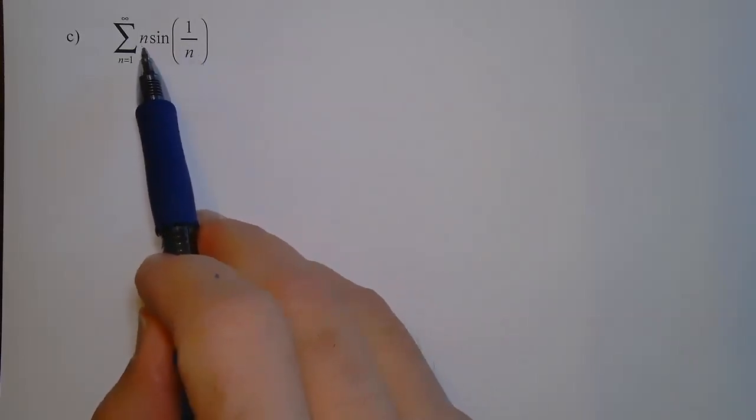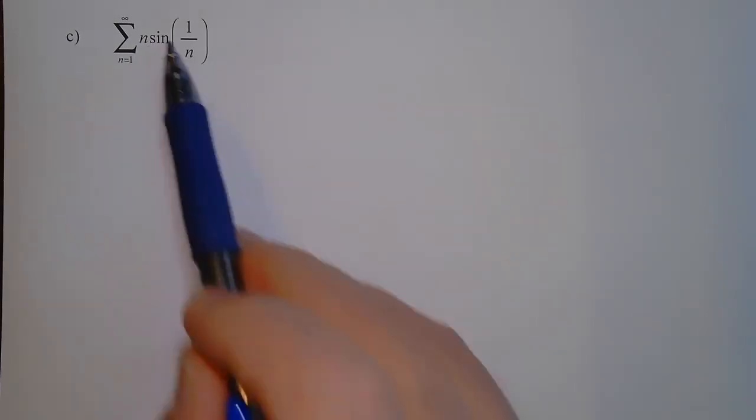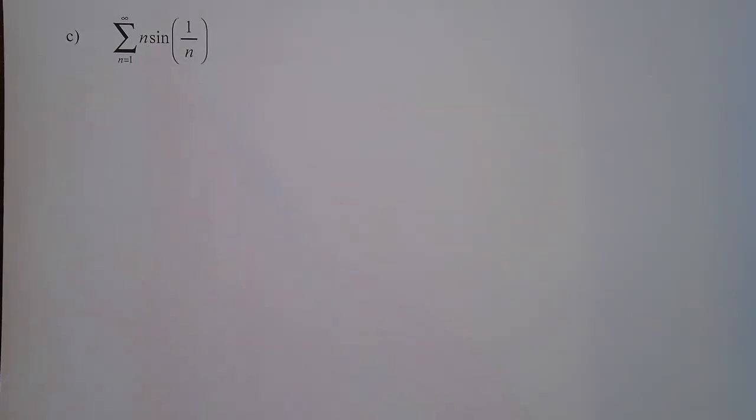As you start writing the series out, the terms are getting bigger and bigger, which should make you think this is going to diverge. So what we should be thinking in our head is the nth term test.